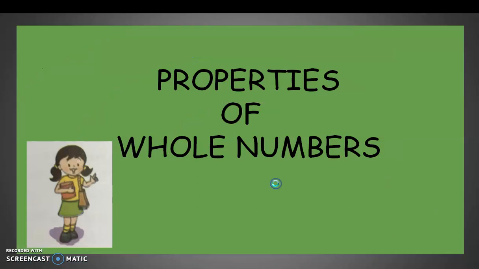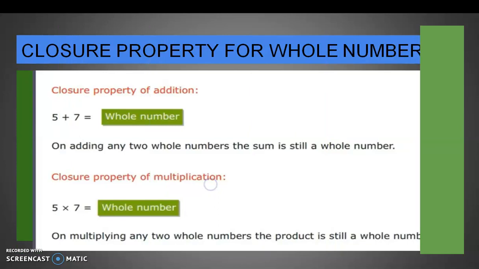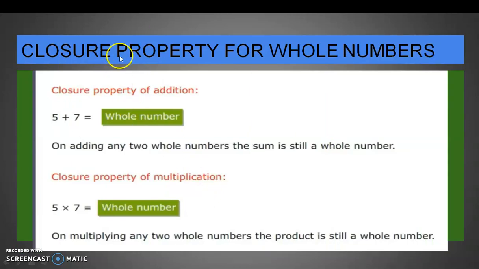Coming up next, we will be discussing the properties of whole numbers. I will begin with the properties of addition and multiplication. The first property is known as the closure property. According to the closure property of addition, if we add two whole numbers, the answer is always a whole number. 5 plus 7 gives me 12, which is again a whole number.